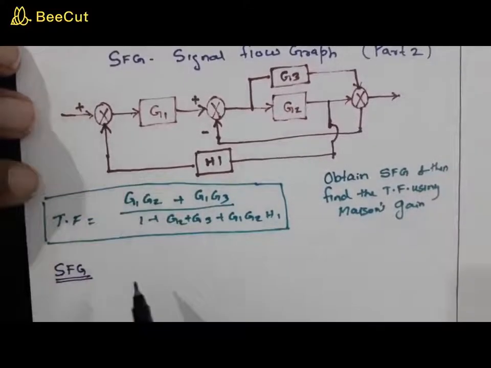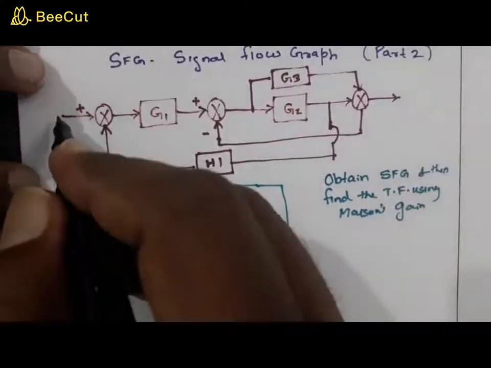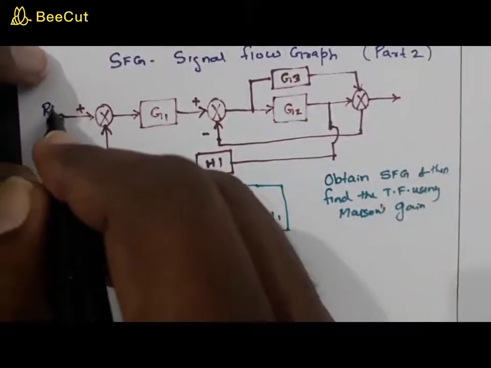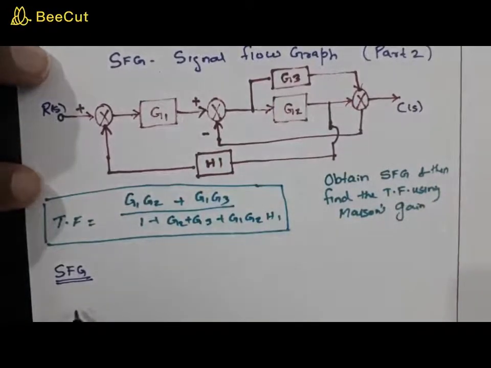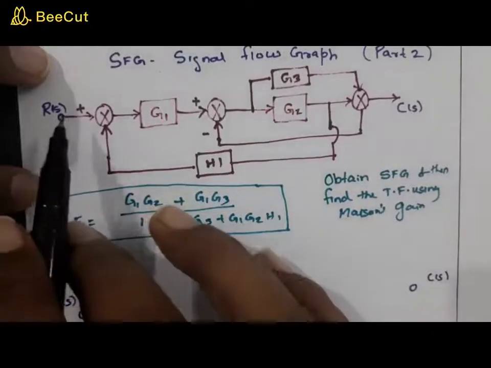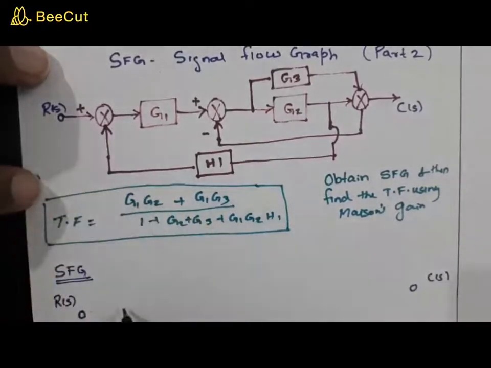What is the SFG from this? As I told you, this is your R of S and this one is your C of S. You can have the input and the output marked as nodes, as I told you earlier. Then after the R of S, you have a summer that can be replaced by a node, and join those nodes.